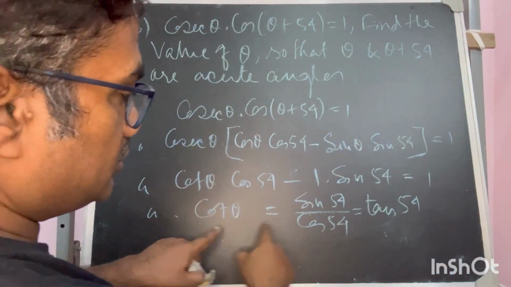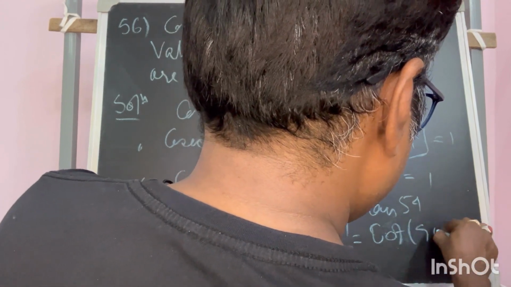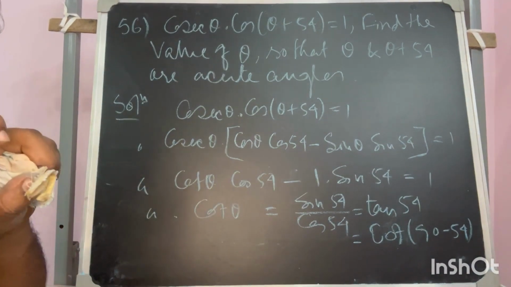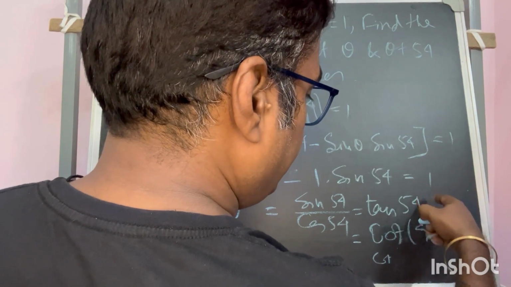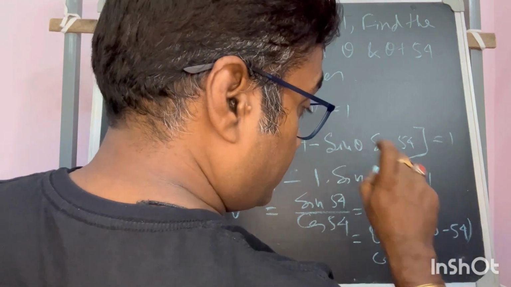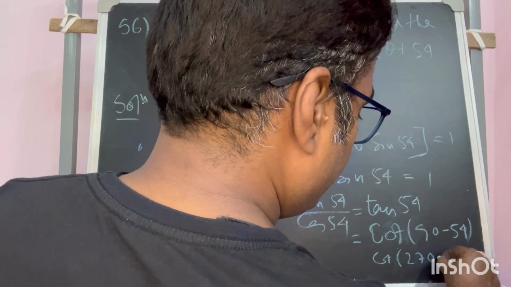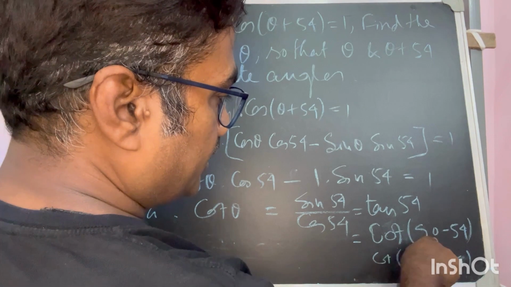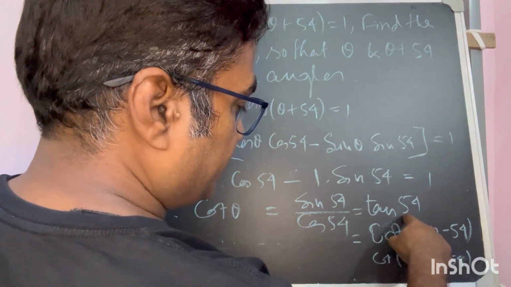Now this side cot, this side tan, can it be changed into cot? Yes, cot of (90 minus 54) will give you tan 54. Or otherwise, what can be written? All sin tan in the third quadrant is also positive, so this can also be written in this form: cot of (90 minus 54) is also tan 54, cot of (270 minus 54) is also tan 54.